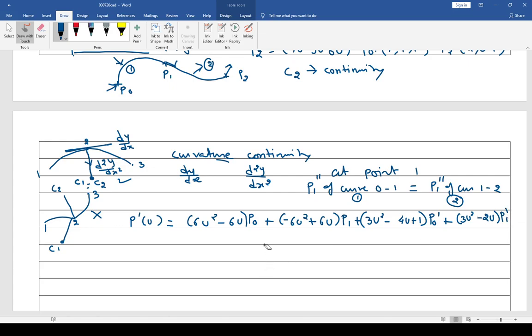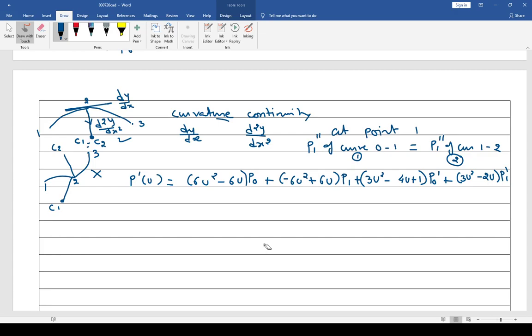This we have already got, which we have written. You can scroll up and verify this value.